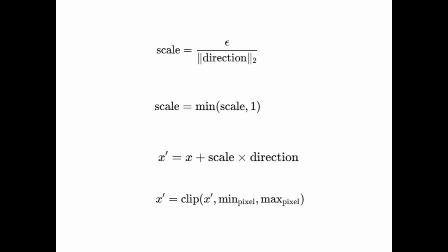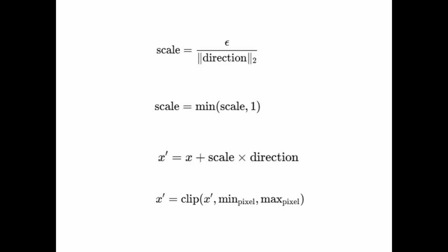The next step is to apply the perturbation. The perturbation is then applied to the image by adding the scaled direction to the original pixel values, as displayed on the screen, where x is the original pixel value, direction is the difference between the target and current pixel value, and scale is the scaling factor.